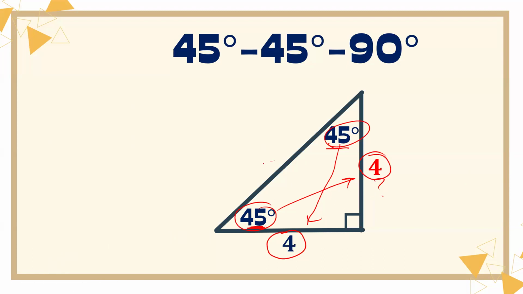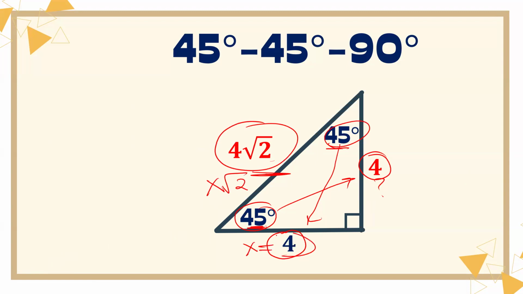Then, what would be the length of the hypotenuse? Very good. That would be 4 square root of 2 because as we recall, the length of the hypotenuse is x square root of 2 and incidentally x is equal to 4. That's why we simply substitute 4 here for the value of x. Did you get that, class? Was that clear? Okay, very good.